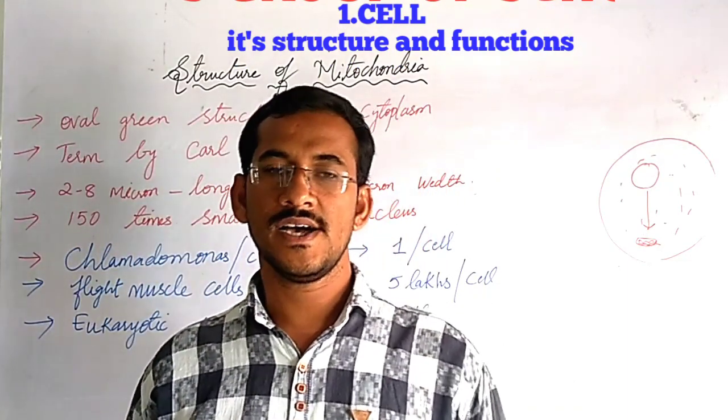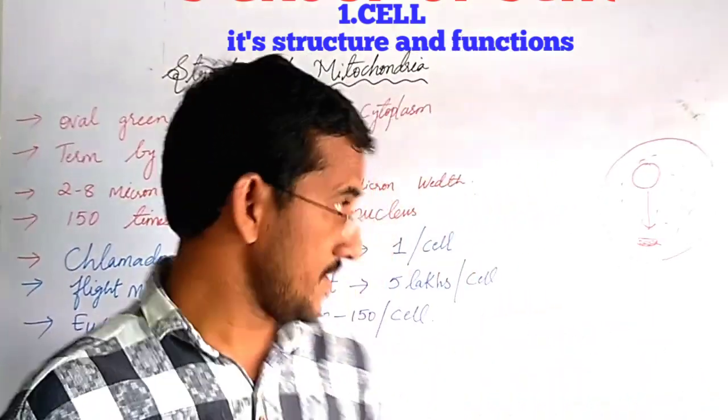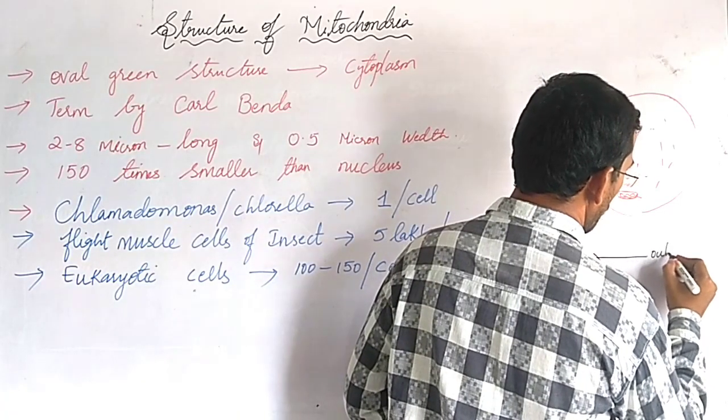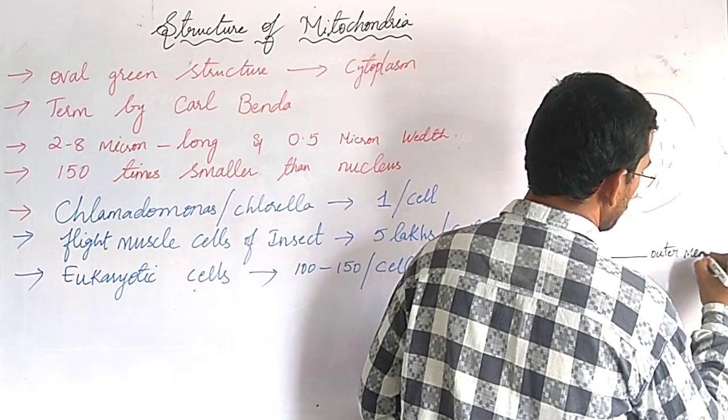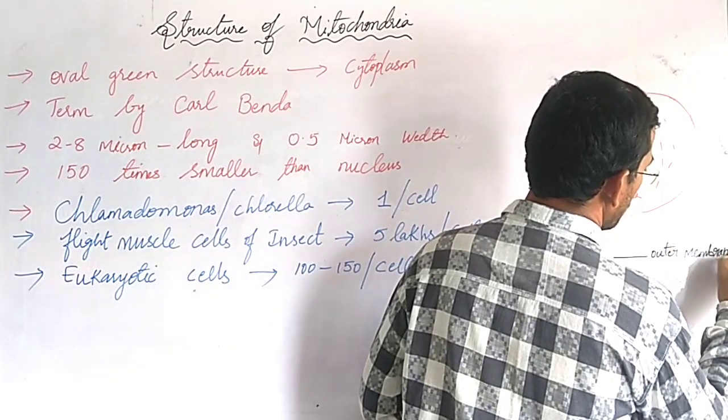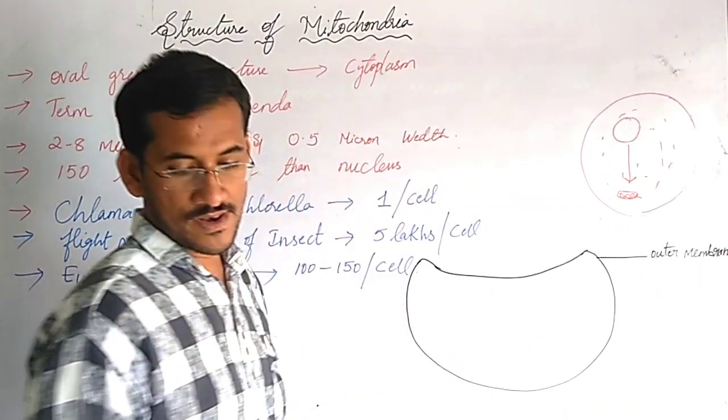Now let us see the structure of mitochondria. Outer membrane. Then we have one more membrane.